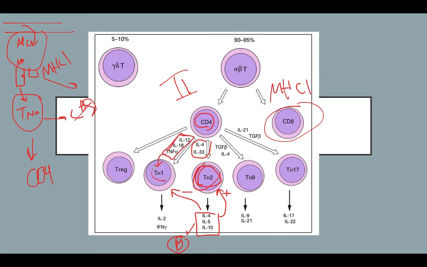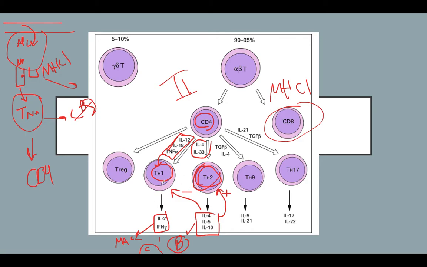Th1 is very important because it will secrete interleukin 2 and interferon gamma. It will stimulate the macrophage, so the macrophage that presents this pathogen will be able to phagocytose efficiently because of the help of the cytokines secreted by Th1. It also stimulates CD8.